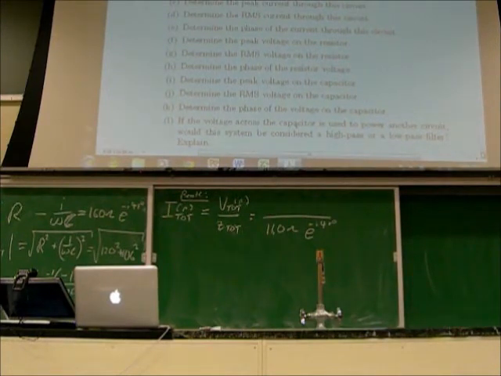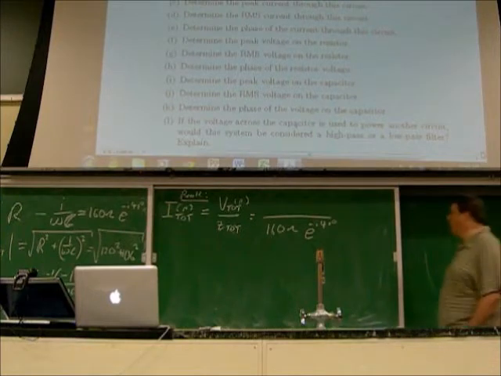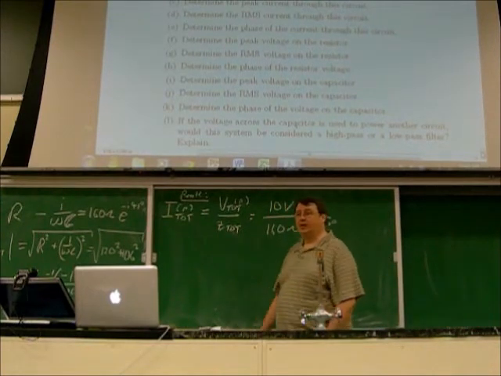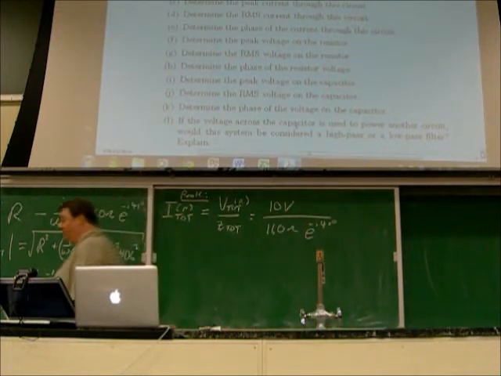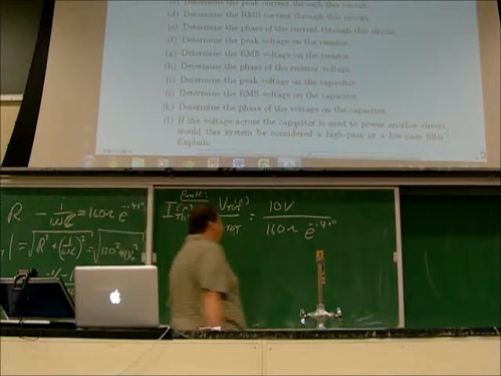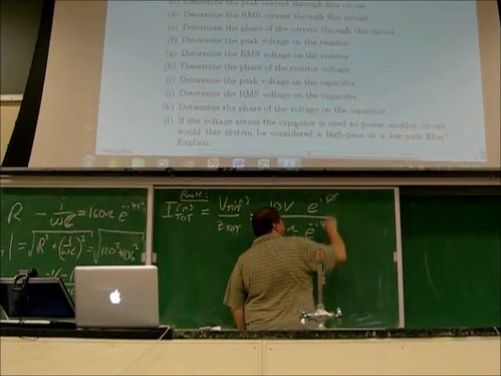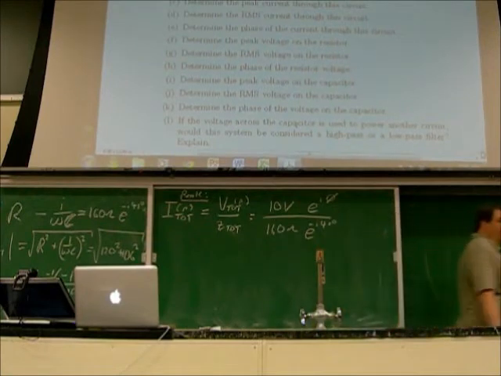So what is the peak voltage? 10 volts. And what is the phase of the voltage on the power supply? 0. So that's the power supply written in C e to the I phi format.